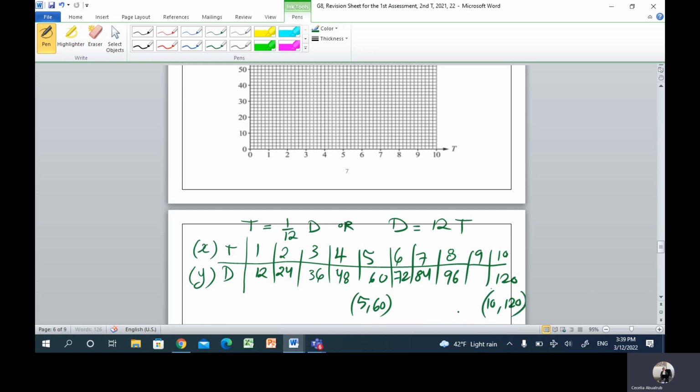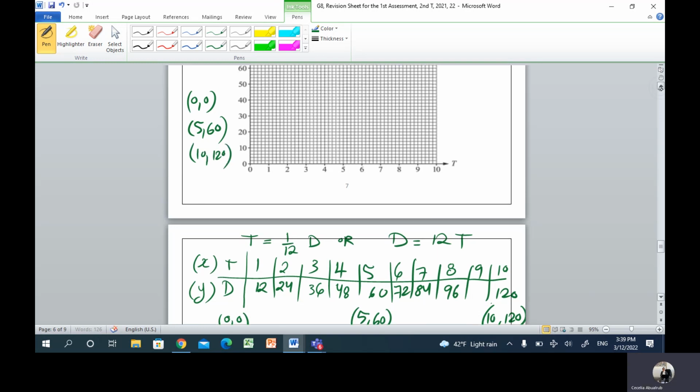And as I explained earlier, if D is equal to 0, t is equal to 0, then d is 0. So it would be easy for me to plot 0, 0 as well. So let's start. We're going to plot 0, 0, 5, 60, and 10, 120.